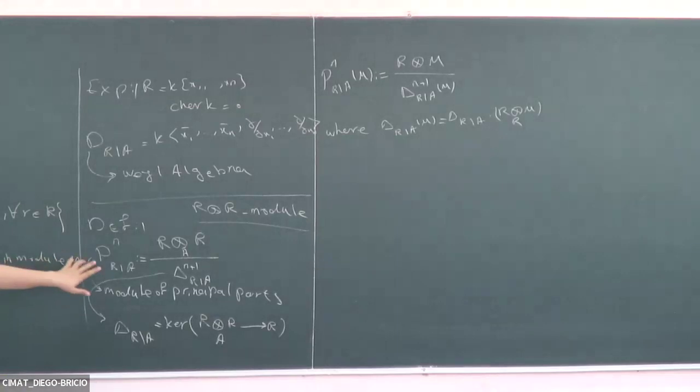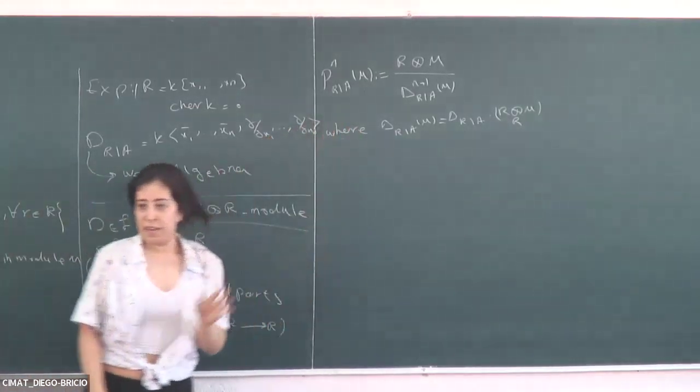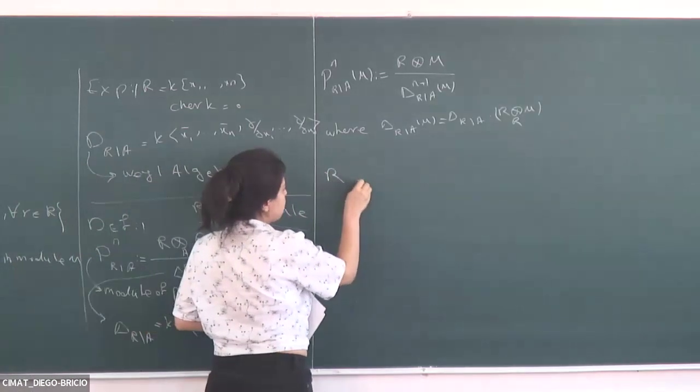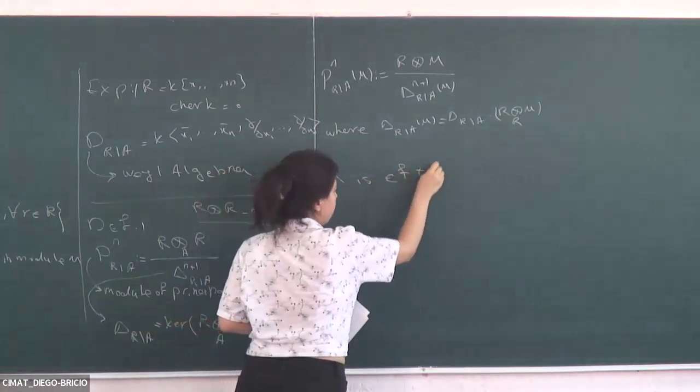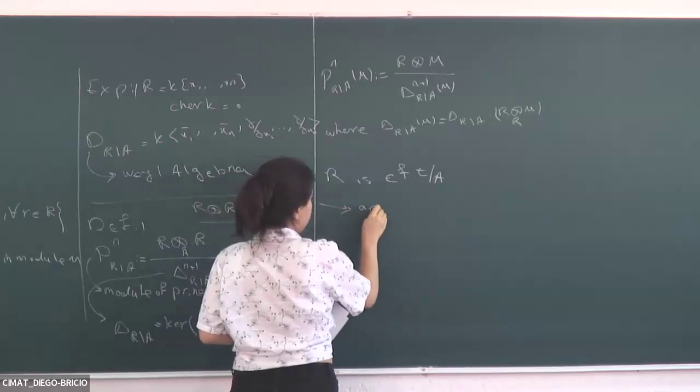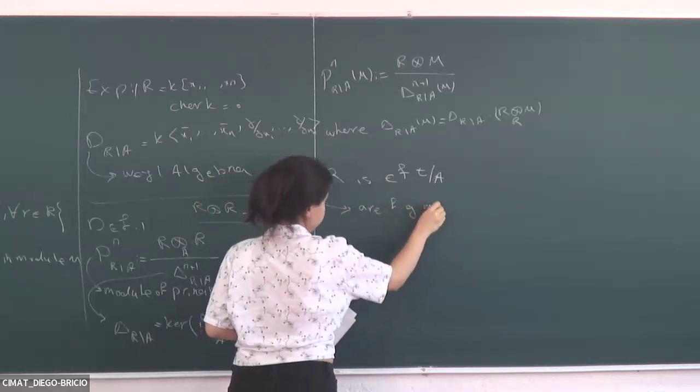I should mention that even if R is Noetherian, these two modules may not be finitely generated. But if R is essentially of finite type over A, then both of them are finitely generated.